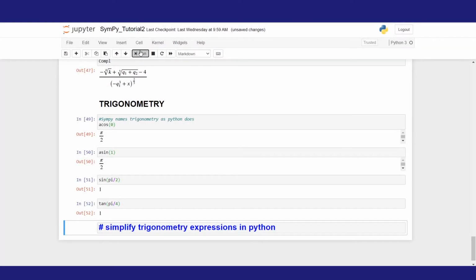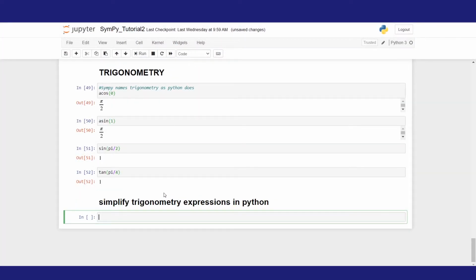Let's see how it works out. Let me say I have an expression equal to sine of x, the whole thing raised to power 2, plus cosine of x. These x's and whatever symbols here need to first of all be declared as symbols.